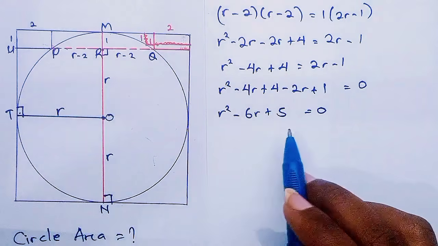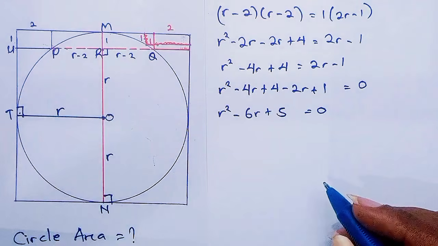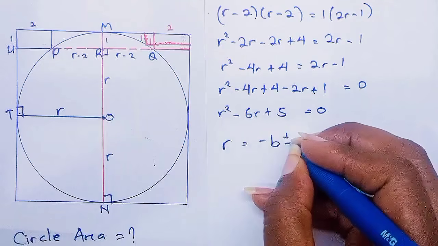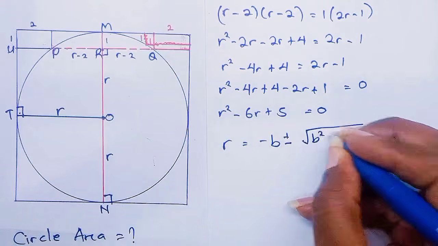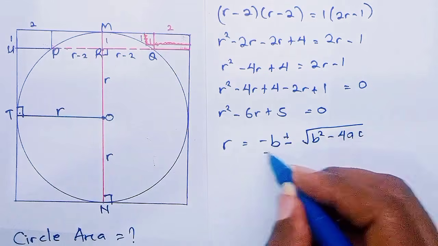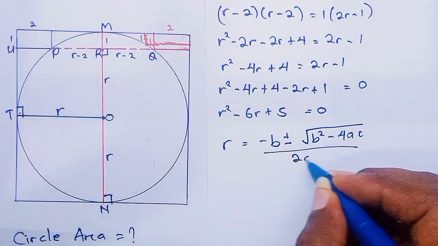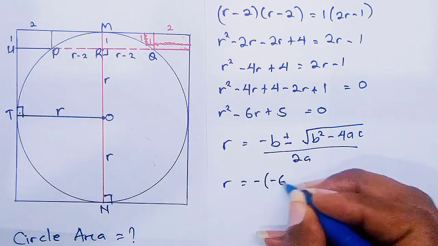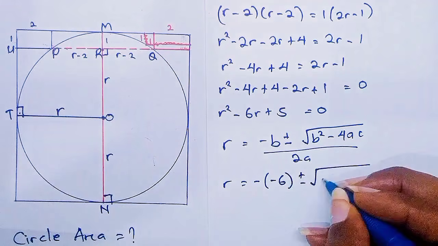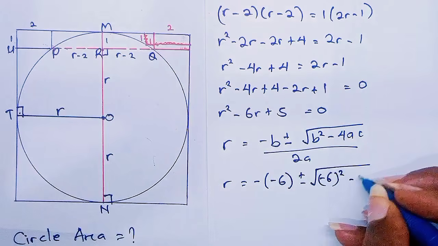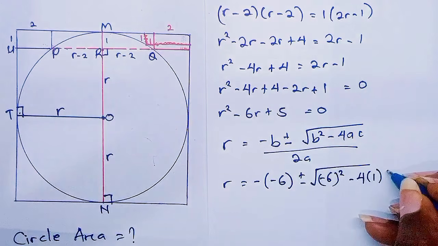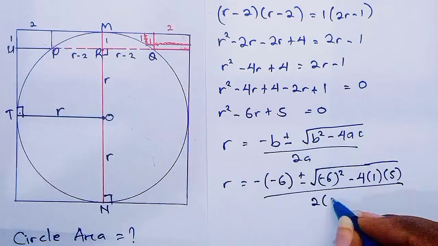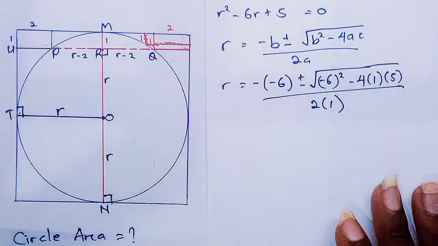So now we have a quadratic equation which we're going to solve using the quadratic formula. So R will be equal to minus B plus or minus the square root of B squared minus 4AC, over 2A. So R is equal to minus B, which is negative 6, so 6, plus or minus the square root of negative 6 squared minus 4 times 1 times C, which is 5, over 2 times 1.